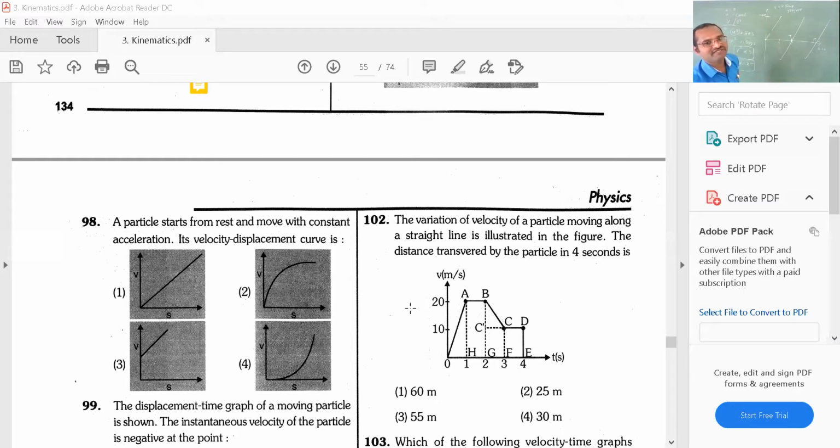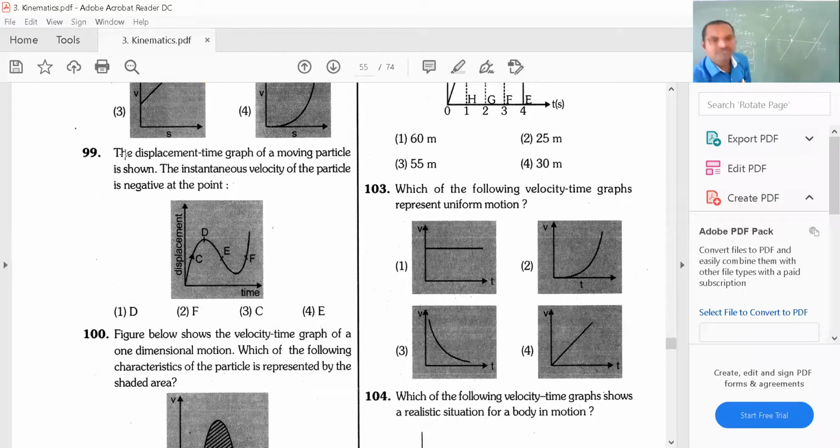About this graph we discussed initially before starting this syllabus. Next, question number 99. The displacement time graph of a particle moving is shown. The instantaneous velocity of the particle is negative at which point? This is a displacement time graph. Velocity can be given by the slope. Only if the slope is negative will velocity be negative.